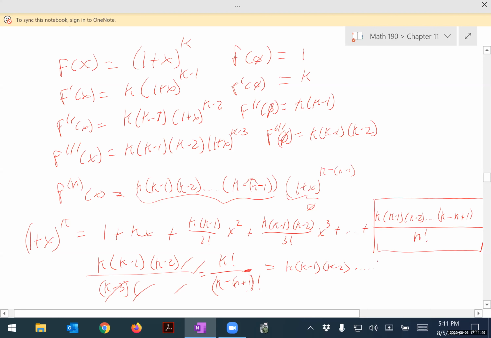We would go all the way down to k minus n plus 1. The next one would be k minus n. And so what I'd have to do is cancel out the k minus n factorial, because this k minus n plus 1 is the one above it.